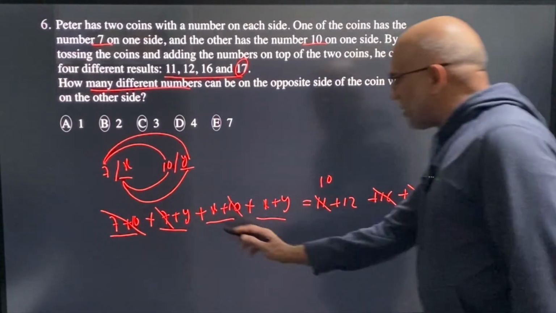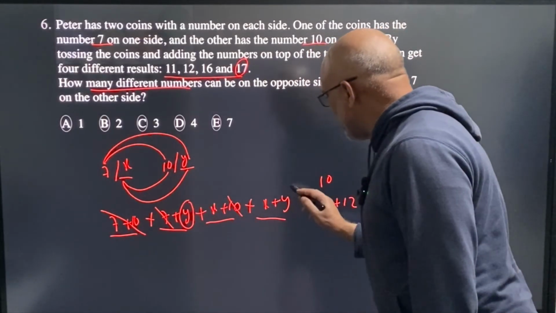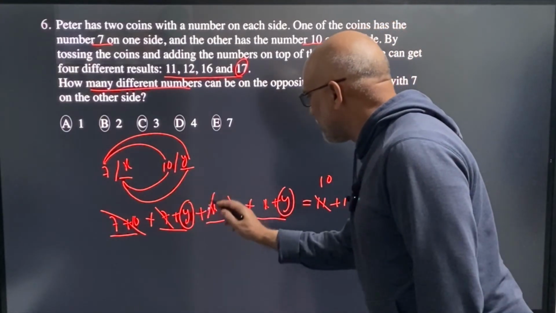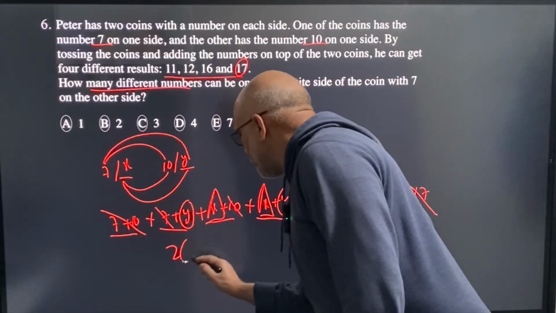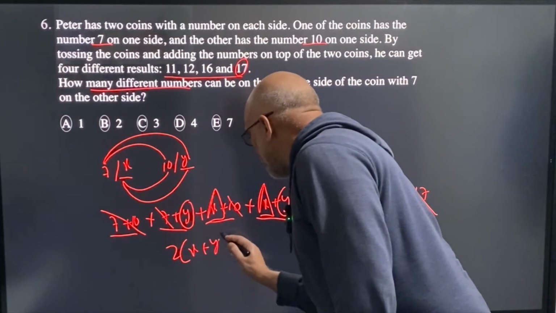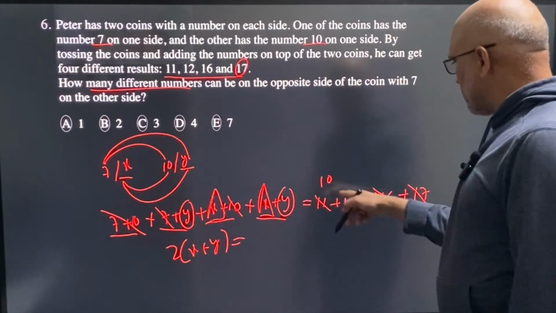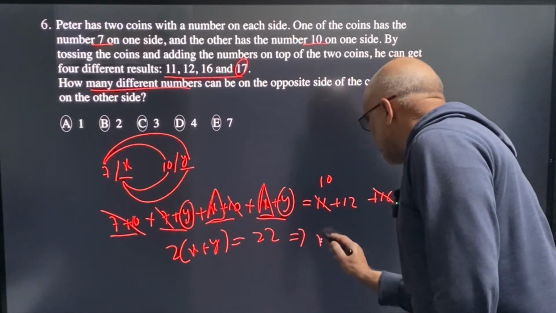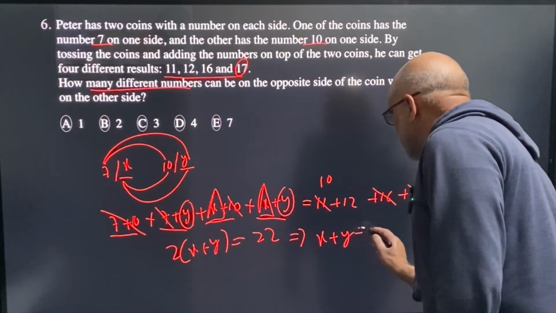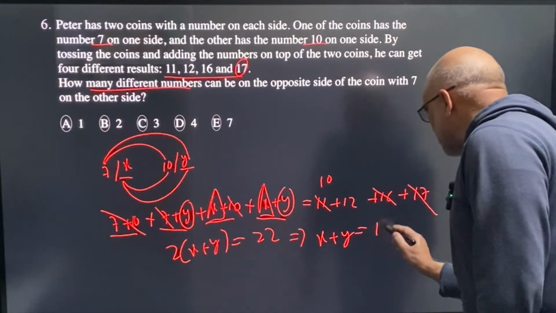All right. So then I have a y, there are 2 y's and 2 x's, right? So 2x plus 2y is equal to 12 plus 10, which is 22. So this tells me x plus y is half of this, so that is 11.